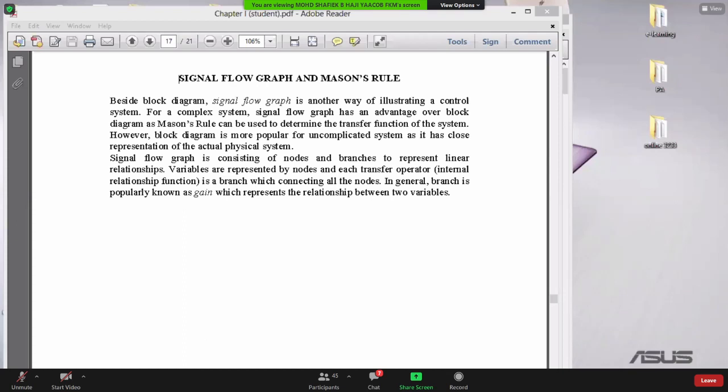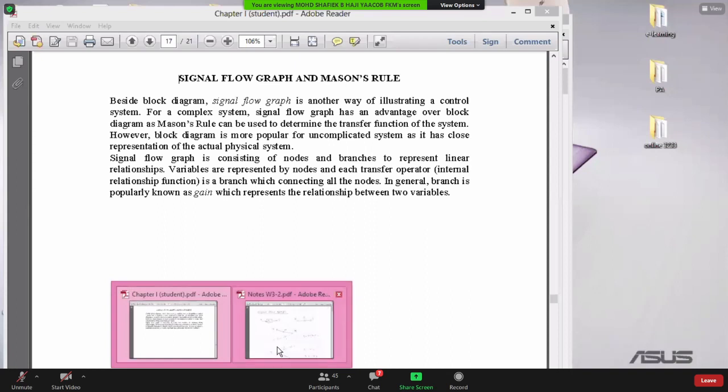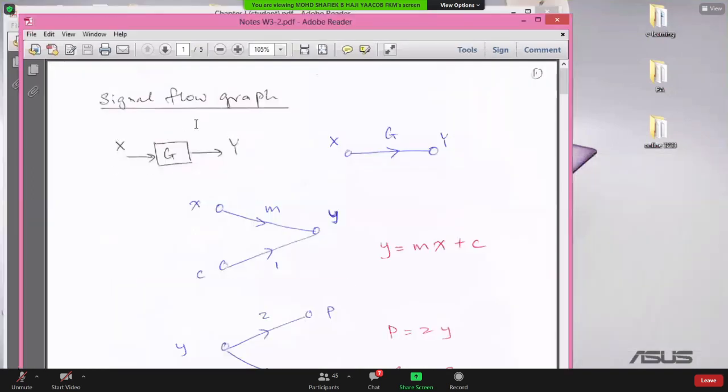So you can see that this is the usual block diagram. The variable is represented by the branch, and the transfer function is represented by a block. To transform this into a signal flow graph, this is the signal flow graph representation of this block diagram.